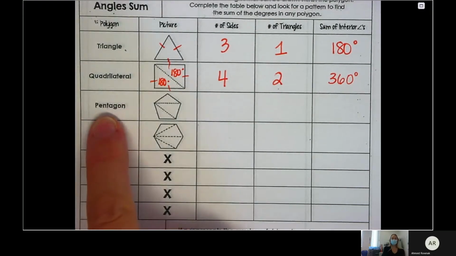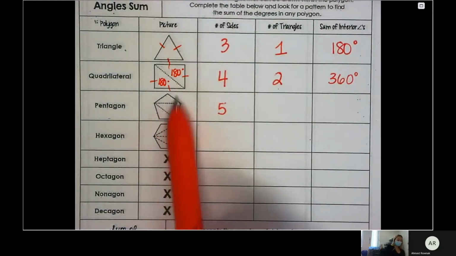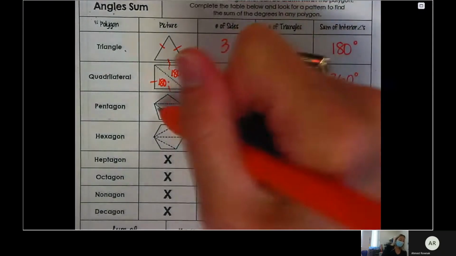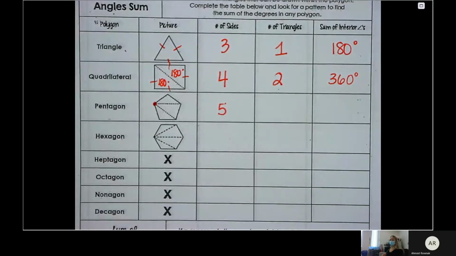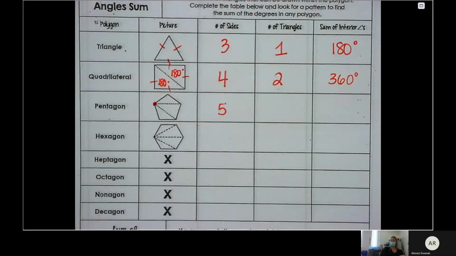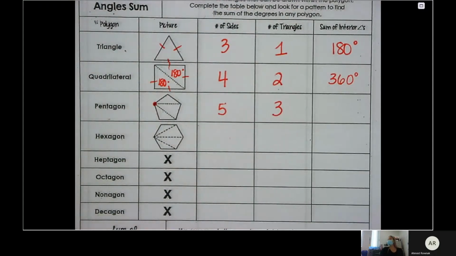Pentagon has how many sides? 5 sides. 1, 2, 3, 4, 5. Good. Number of triangles. I go from one vertex to all of the other vertexes, or vertices, excuse me. How many triangles are in this picture? 3 triangles in the picture. Okay, again, so let's think.